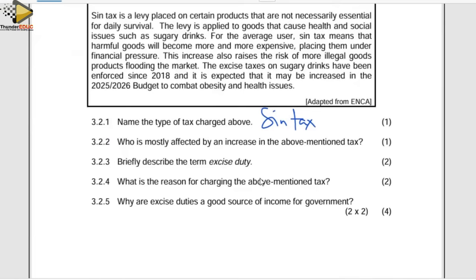Right, if you check in your extract, you tend to find a clue of the groups of people who are affected by the tax. We are looking at those who are marginalized, the marginalized groups. And also we are looking at those who are not economically empowered.